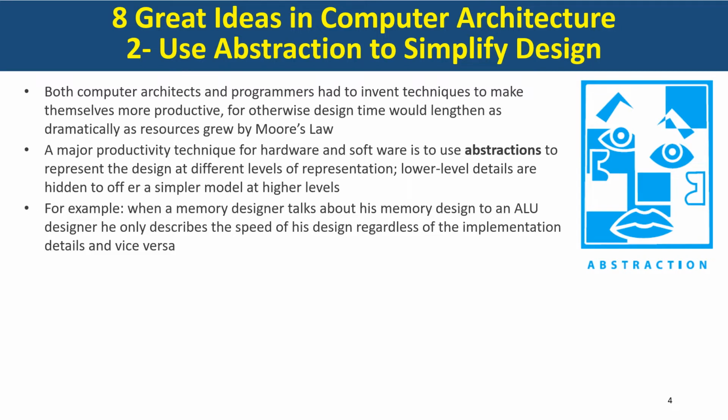The second idea is to use abstraction to simplify the design. Basically, abstraction means that if you have a processor, don't look at the processor as one whole atomic module or circuit to implement, where one team in the company designs the whole processor at the same time.